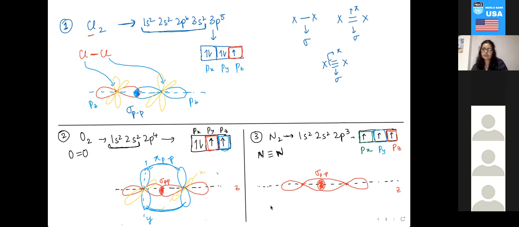Then on the y-axis, the blue orbitals overlap. Basically, these electron clouds are going to join together above and below. So technically, if you do imaging studies, it's going to look something like this.